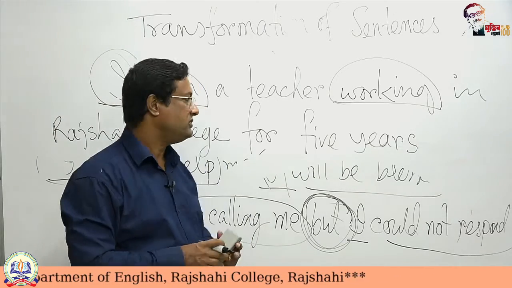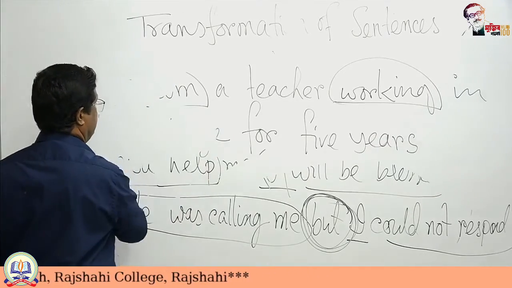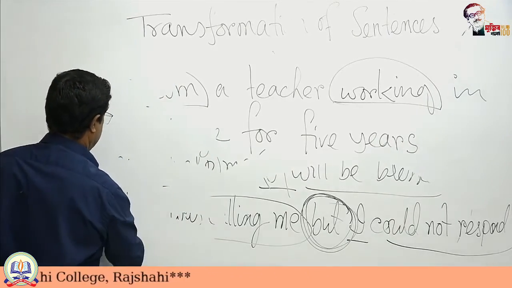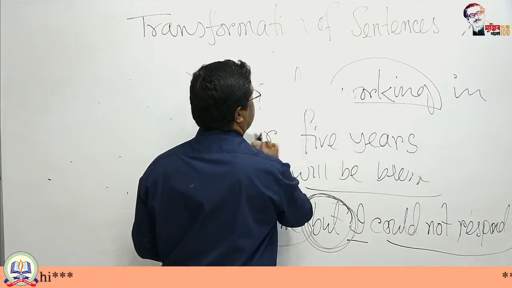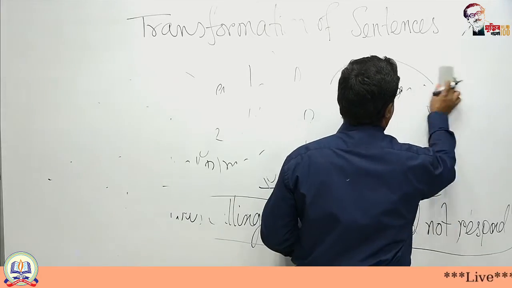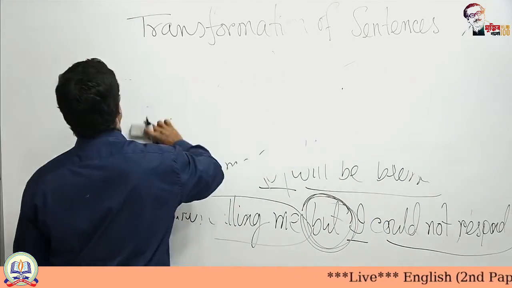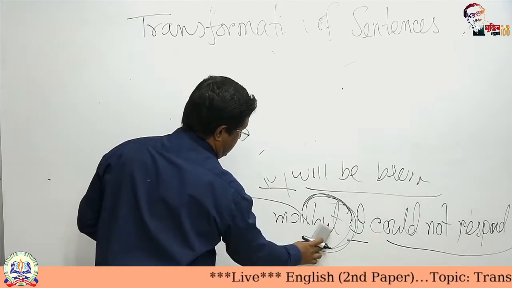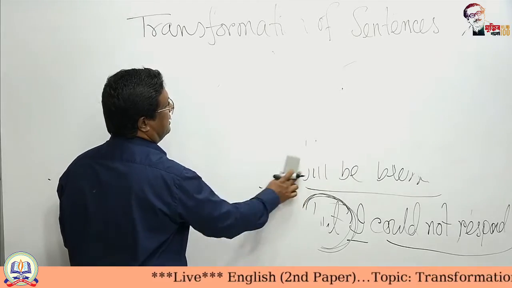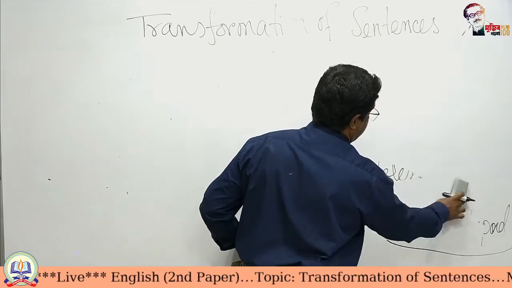Understand? Okay. So now you see, what do we need actually to change a sentence here? When we want to make a complex sentence a simple sentence, what should we do? Or what do we need when we change a compound sentence into a complex or simple sentence?